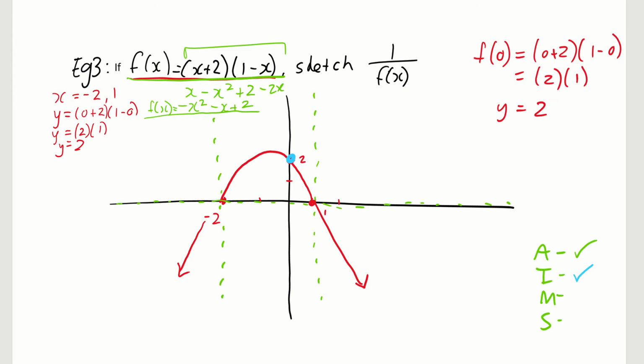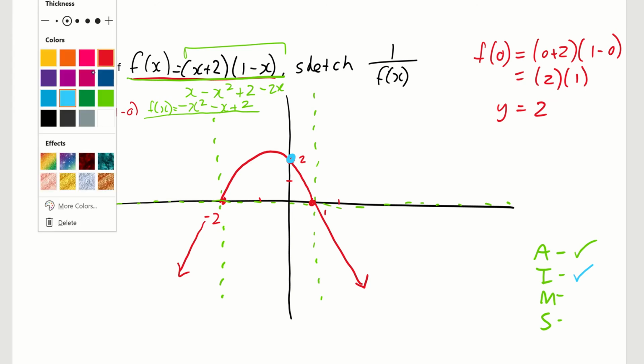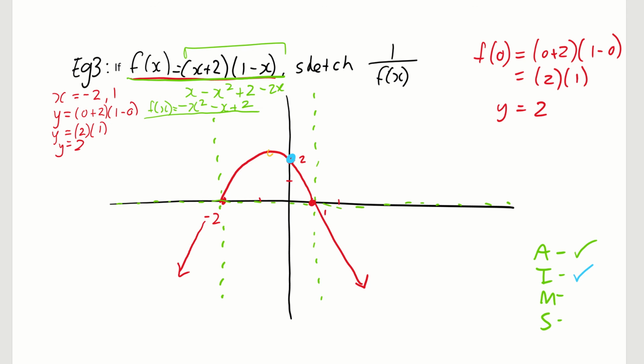Now we do our minimum and maximum. Remember the characteristic further up: any minimums will turn into a maximum, and any maximum turns into a minimum. We have a maximum on our original parabola here. I can find out what that value is because I know the axis of symmetry of that parabola is halfway in between 1 and -2, which gives me a value of -1/2.